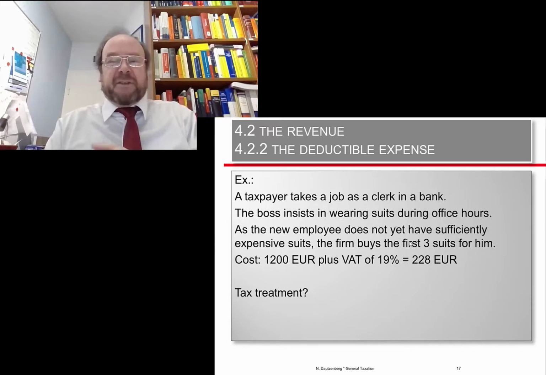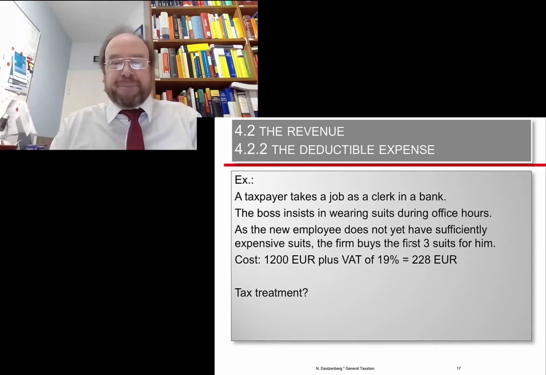So if you dare to show up with such cheap stuff, then you will get fired. Good. Now Smith goes shopping and comes back with suits for 1200 euro plus VAT. So 1,428 euro was spent by Smith.